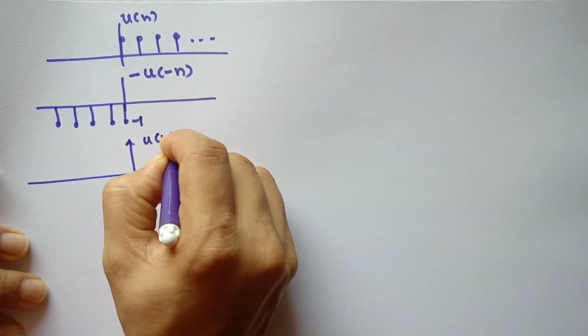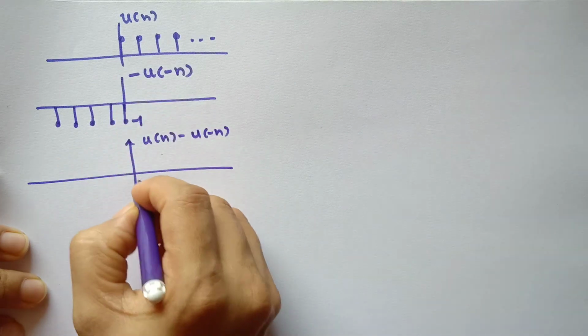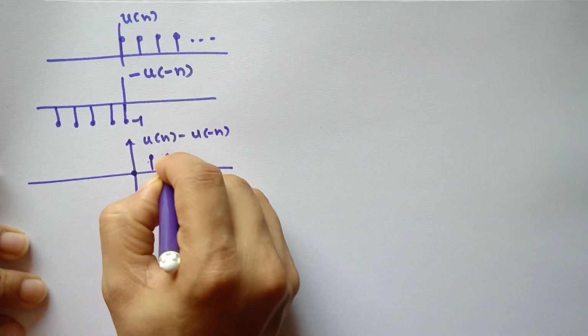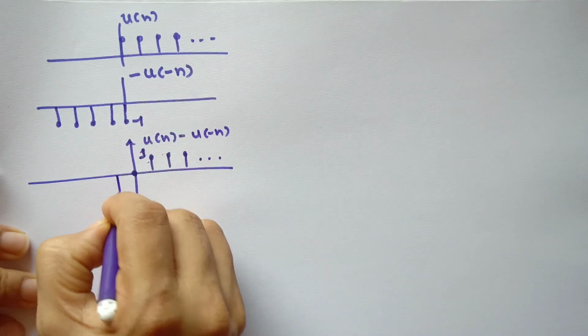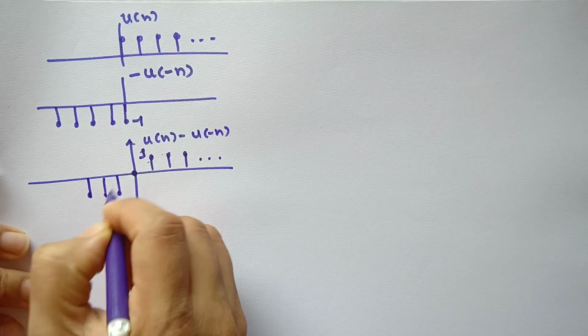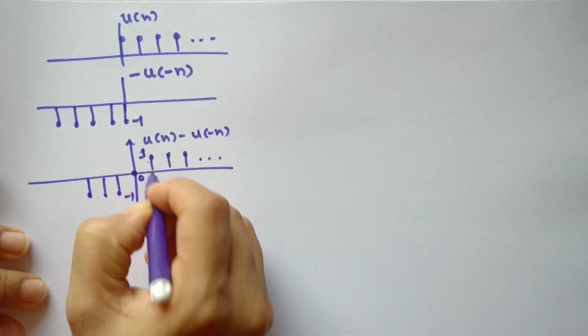U of n minus u of minus n: 1 minus 1, 0. On the positive side all the samples are 1, and on the negative side the samples are -1, and the sample at 0 is 0.